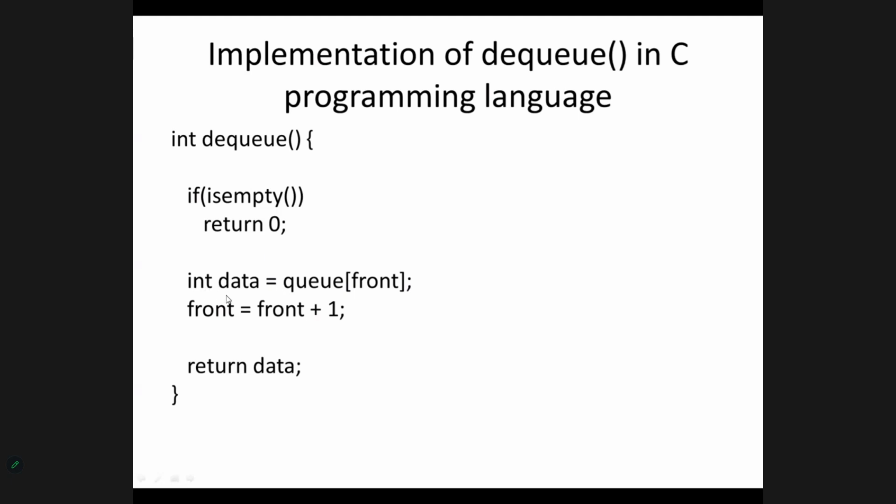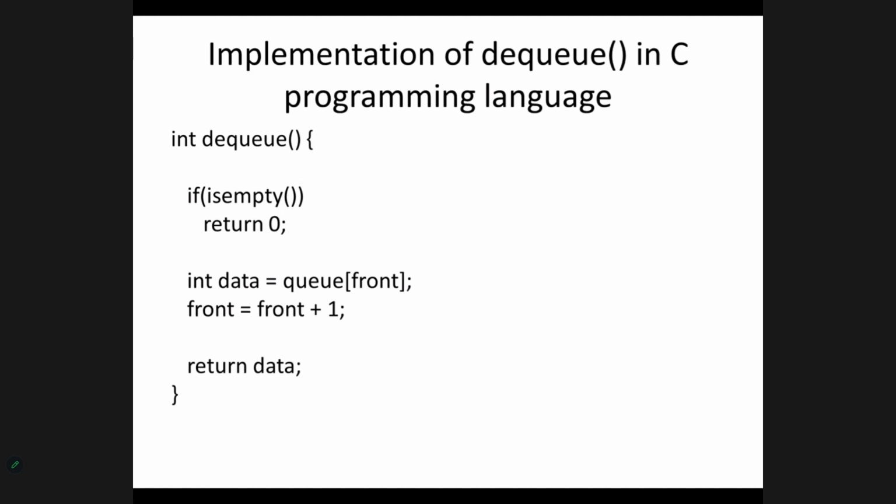Otherwise it will assign Q front to this variable, increment front by 1, and return data because the deleted item is returned. So it will delete the item as well as give the output.